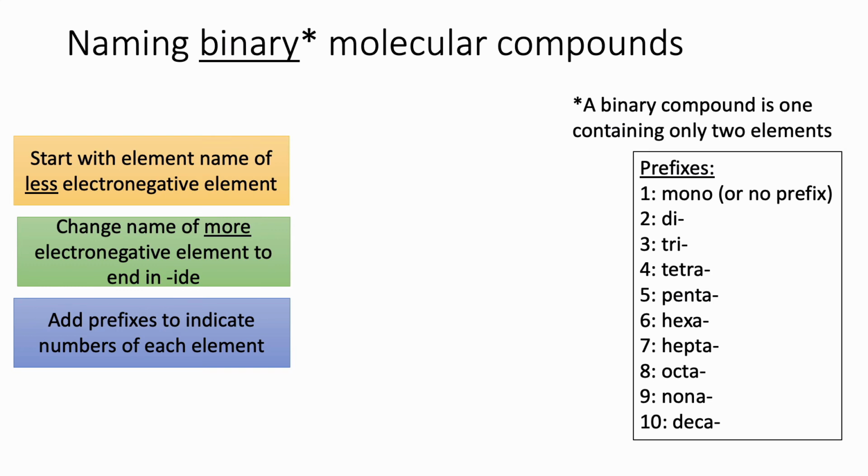Now, this sounds very much like naming ionic compounds, in that the less electronegative element in an ionic compound is always going to be the cation, and that's what we're going to start with. And then the more electronegative element is going to be the anion, and that always ends in "ide." The difference here is we're going to add prefixes to indicate how many atoms of each element we have in our molecule. So let's do an example.